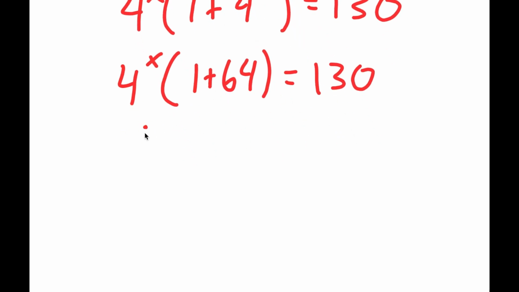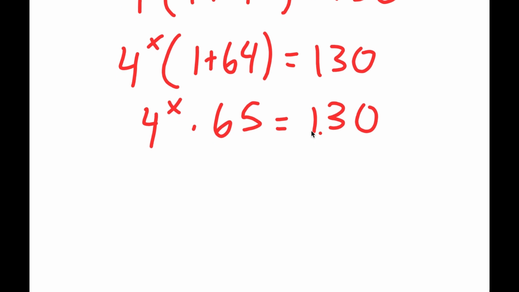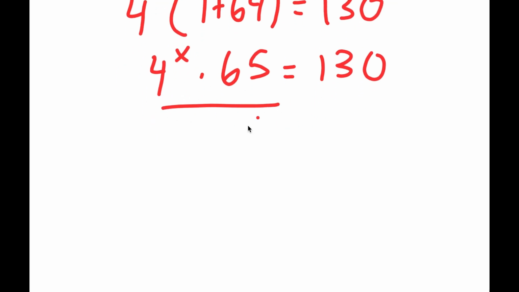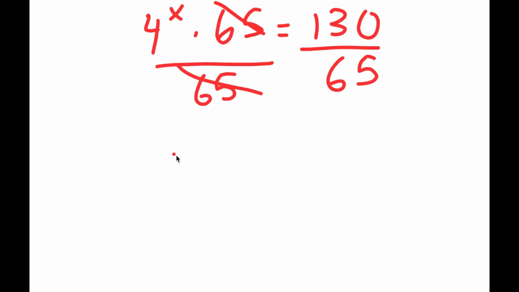And 1 plus 64 is 65. So I have 4 to the power of x times 65 is equal to 130. And now if I divide both sides by 65, I get 4 to the power of x is equal to 2.